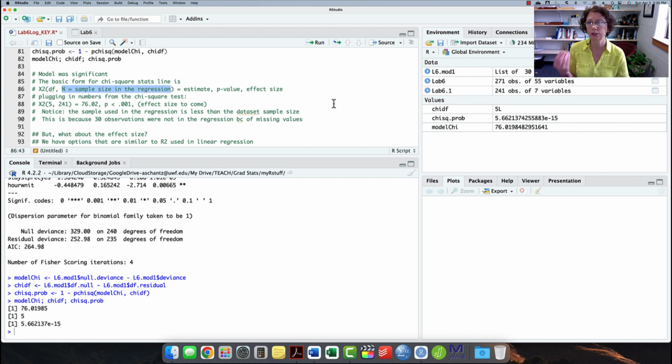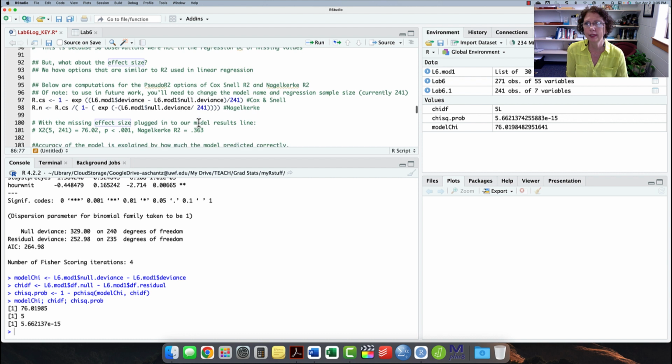And remember, that's why we had to get rid of the cases that had missing values. So the number of cases in the logistic regression was 241. Then the estimate of the chi-square, the p-value of the chi-square, which we would just say p less than 0.001, and the effect size, which we haven't gotten yet.